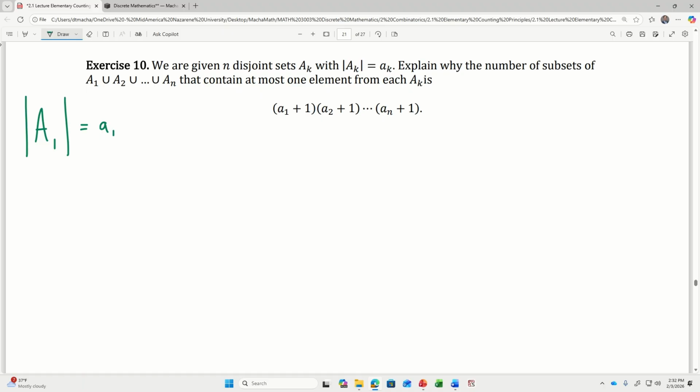Explain why the number of subsets of the union of all of those sets A_k that contain at most, not at least, that contain at most one element from each A_k is this.